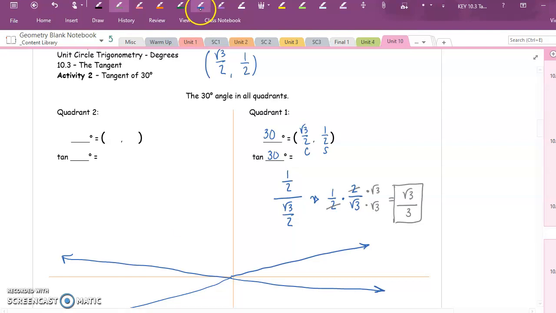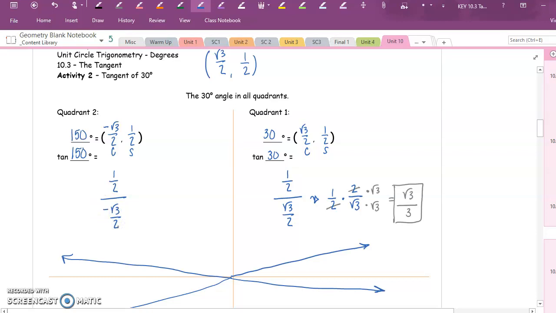Let's take a look at quadrant 2. So in quadrant 2, you're thinking 180 minus 30 to get 150. In quadrant 2, it's negative, positive. It goes cosine comma sine. So for tangent, you're going to take sine divided by cosine.